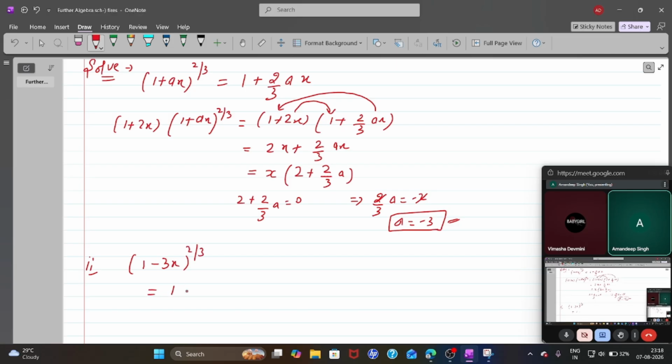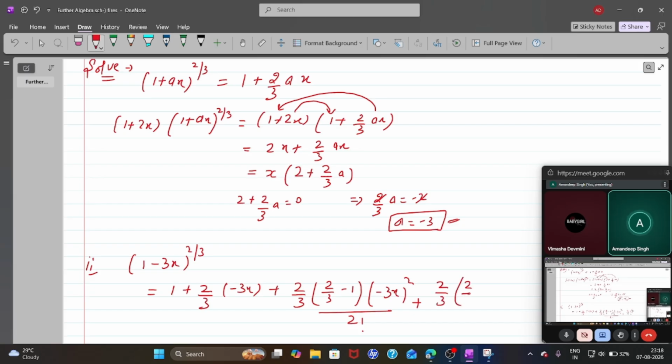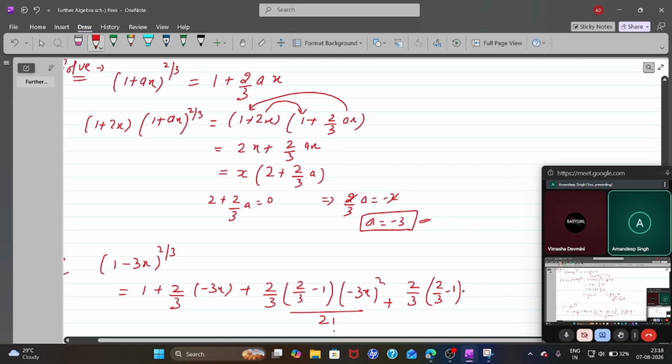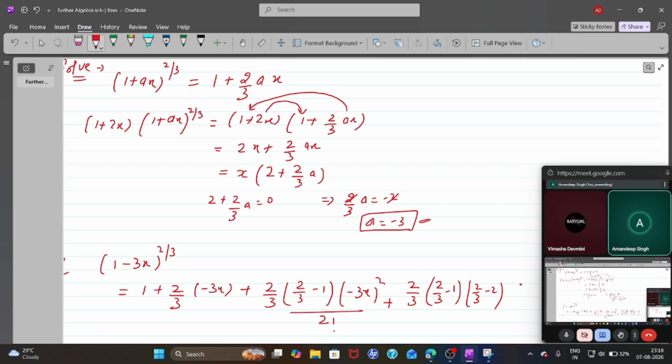So it is 1 plus nx, that means 2 by 3 into minus 3x, plus n into n minus 1, that is 2 by 3 into 2 by 3 minus 1 into minus 3x to the whole square divided by 2 factorial, plus n, n minus 1, n minus 2, minus 3x cube divided by 3 factorial.